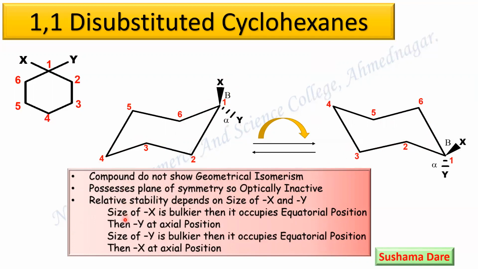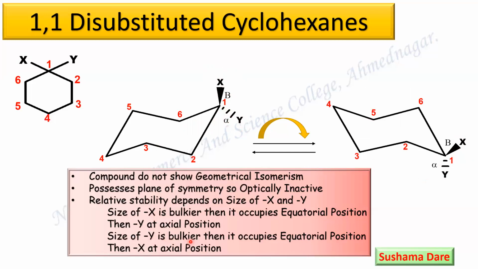That stability depends on the size of X and Y. If X is bulky, then it always prefers the equatorial position, and that time this structure predominates. If X is small, or if Y is a bulky group, then the bulky group always prefers the less hindered equatorial position, and then the other structure predominates.